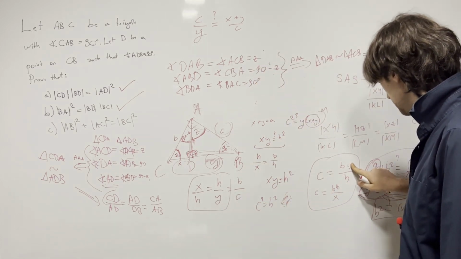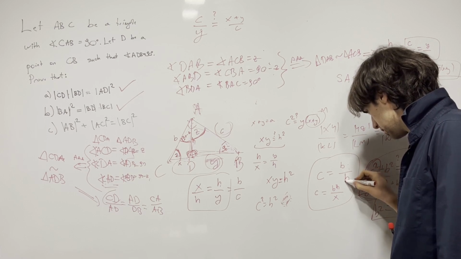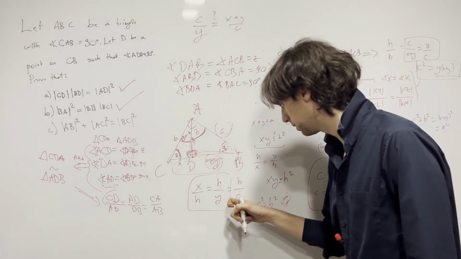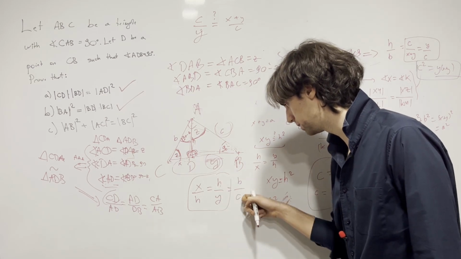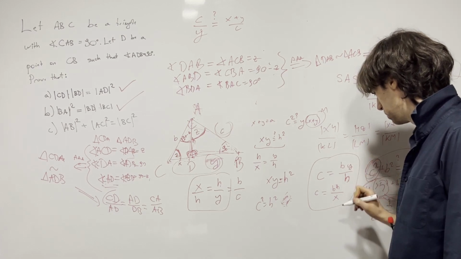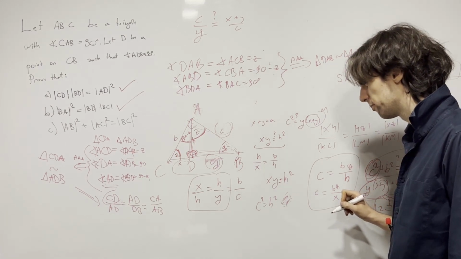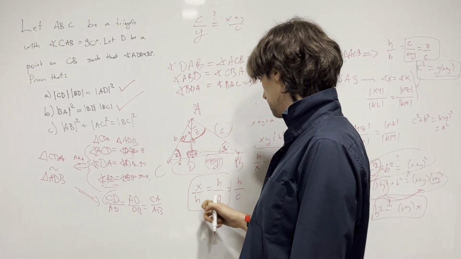No, it's B over H, so when I take B over here, H comes here and Y comes here, so it's BY over H. Wait, has this been faulty? Have I made this incorrectly?